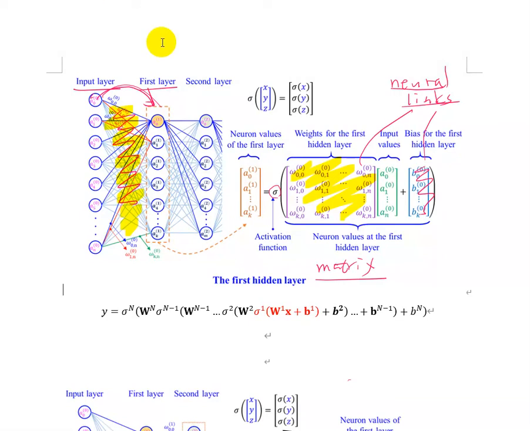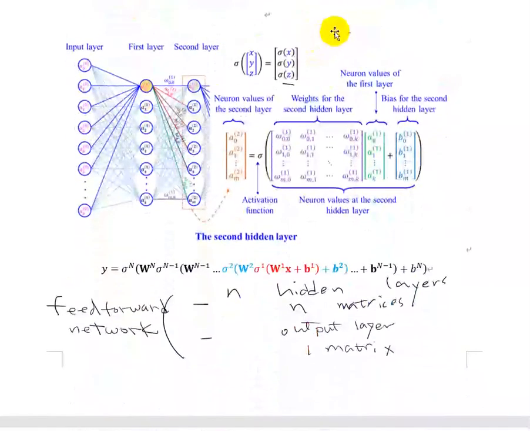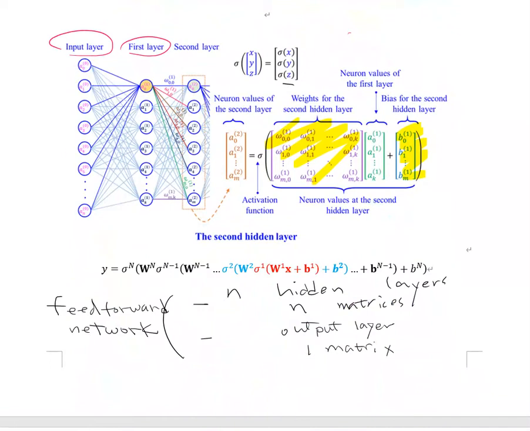The one you see here is similar to the one between the input layer and first layer. This weight matrix and biases also connect the neural values from the first layer to the second layer. The weights represent straight lines here, and biases are added to the end of the neural values for the second layer.